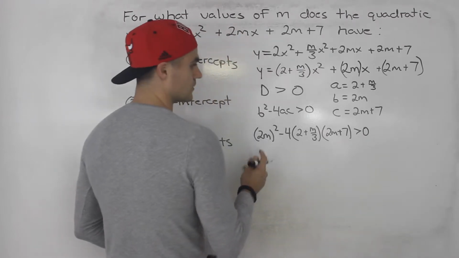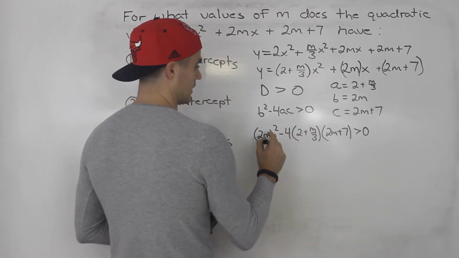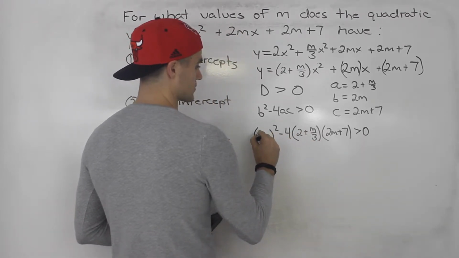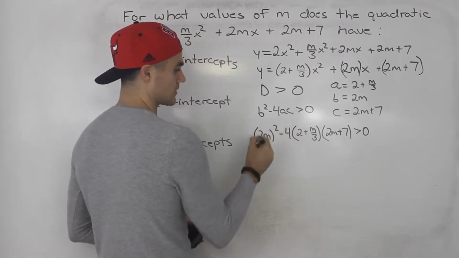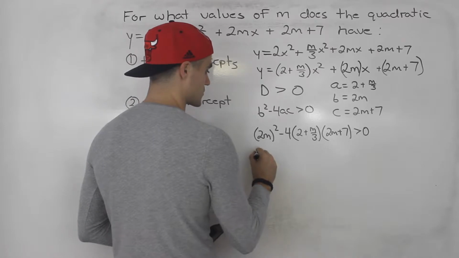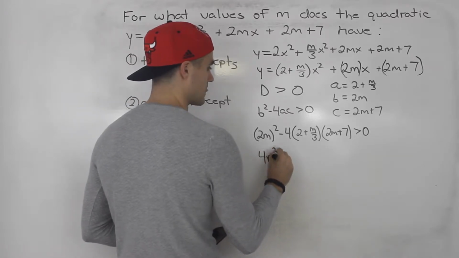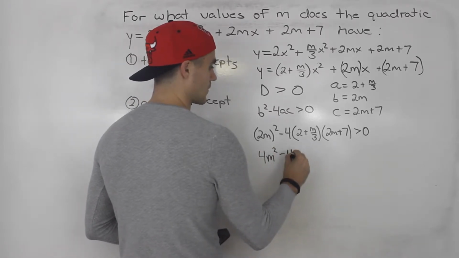So what we're going to do is expand everything and make it into a quadratic. For 2m squared, we distribute the exponent inside the bracket. 2 squared is 4, m squared is just m squared, so this would be 4m squared minus 4.